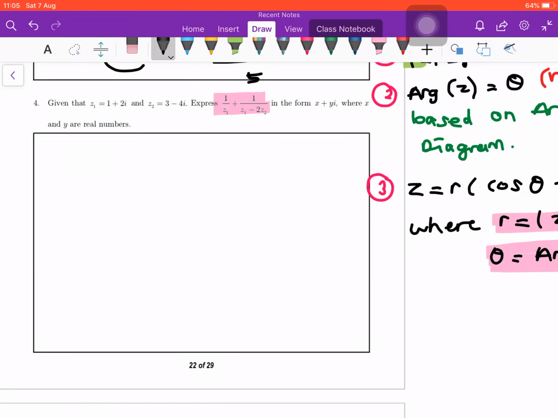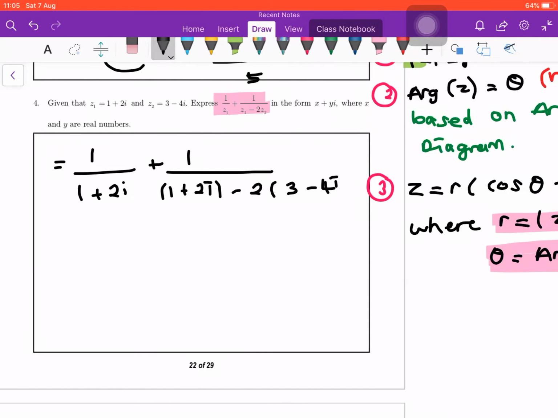So we will get 1 over Z1, which is 1 plus 2i, plus 1 over Z1, which is 1 plus 2i, okay, minus 2Z2. Z2 is 3 minus 4i. Okay, so we just substitute.